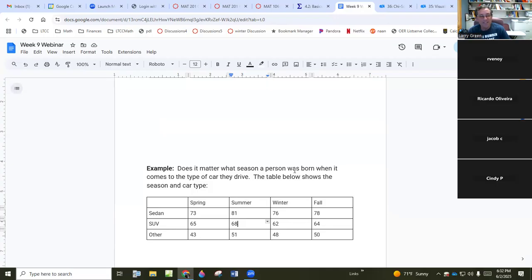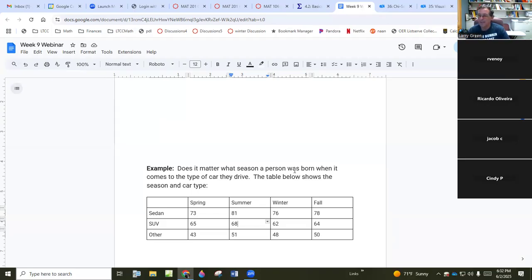That's really important to see. In business, for example, you would say, if you happen to know when someone was born, then, let's say you're selling cars, we know what kind of car to show them because they're more likely to like this kind of car.